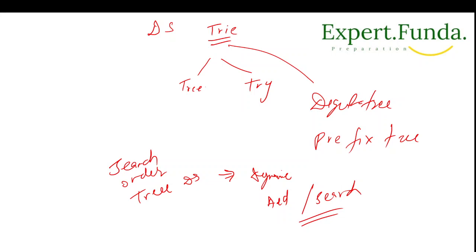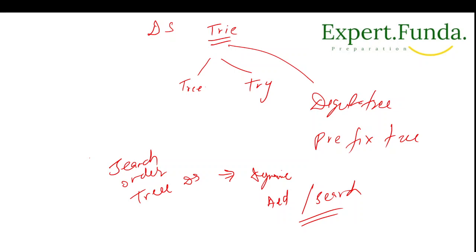Trie is widely used in real life, like we have already seen yesterday: autocomplete search, spell checker, T9 predictive text, and IP routing. Those are the places where you can use it. How it works, we will see soon.